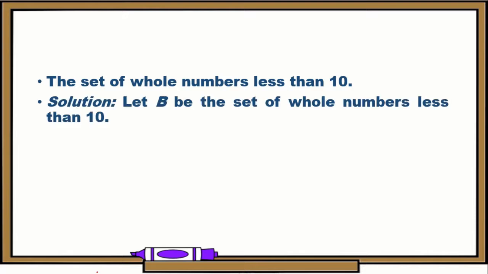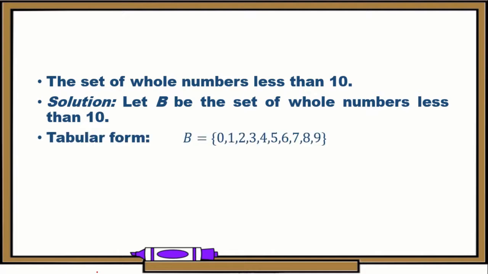In tabular form, let B be the set of whole numbers less than 10. We have B is equal to, the first whole number is 0, followed by comma 1, comma 2, comma 3, comma 4, comma 5, comma 6, comma 7, comma 8, comma 9, and enclosed with a pair of brackets.